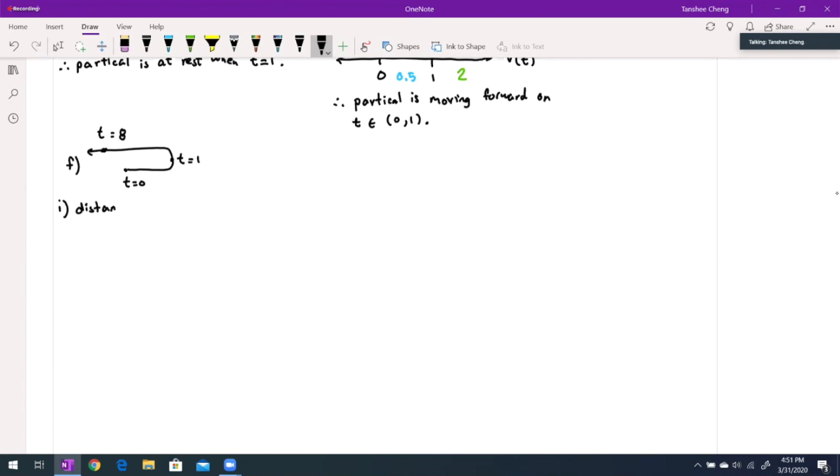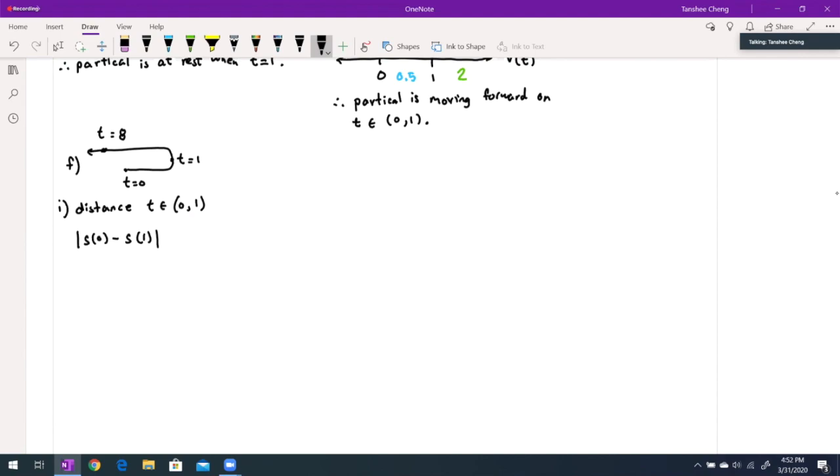So the first part is the distance from the time 0 to 1 second. That's the first case. So this is basically the absolute value of s of 0 minus s of 1. When you plug it into the position function, I'm not going to write it down in detail.